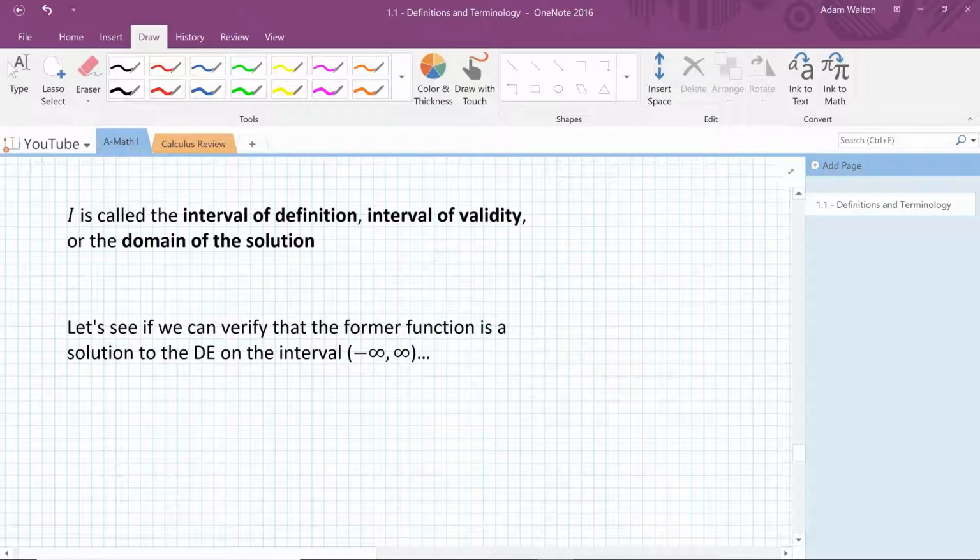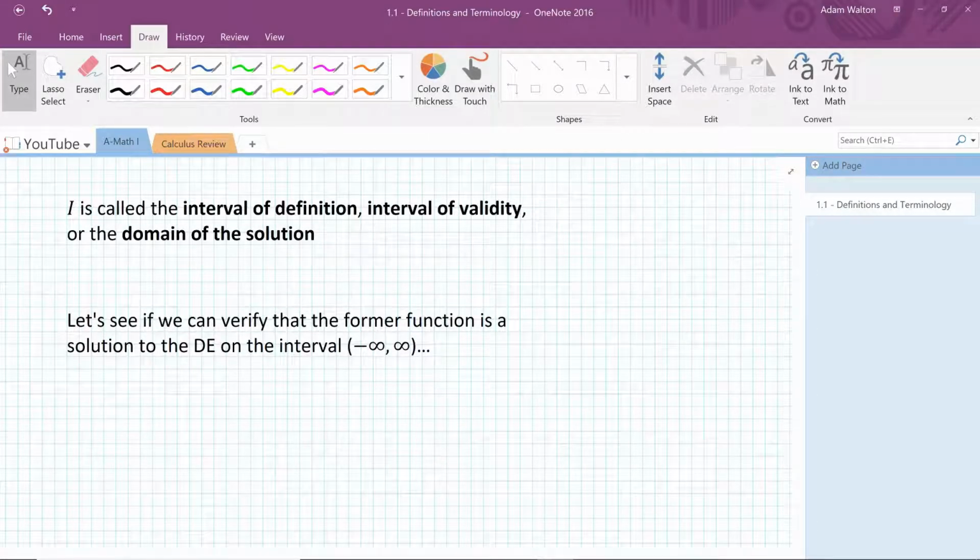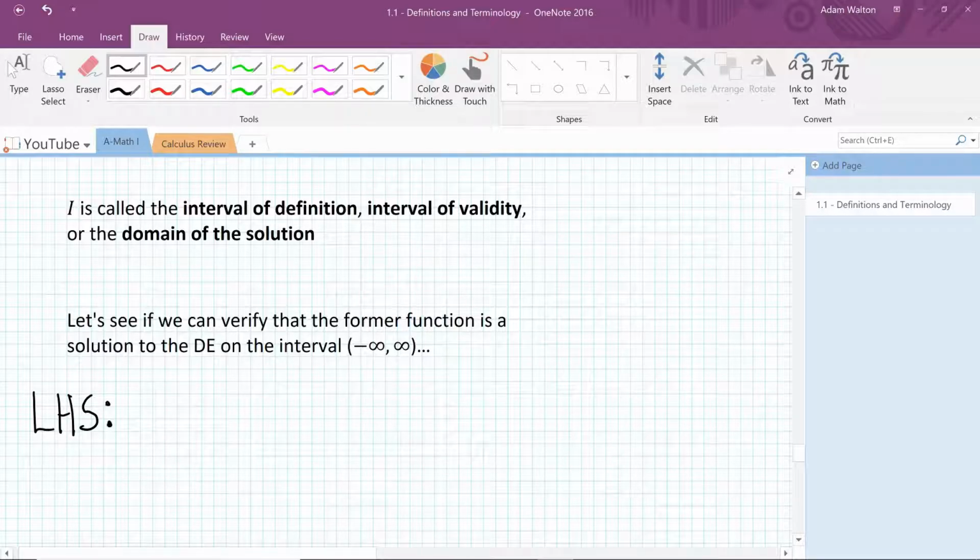So what we're going to do, again, based on that definition, that said that phi of x can be substituted into the differential equation and reduce it to an identity. So an identity, right, we're trying to make one side equal the other. So let's start out by doing a left-hand side substitution approach.